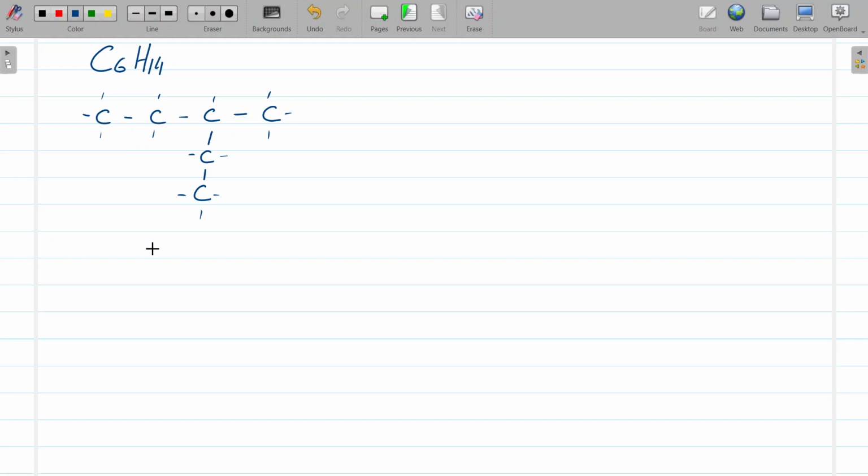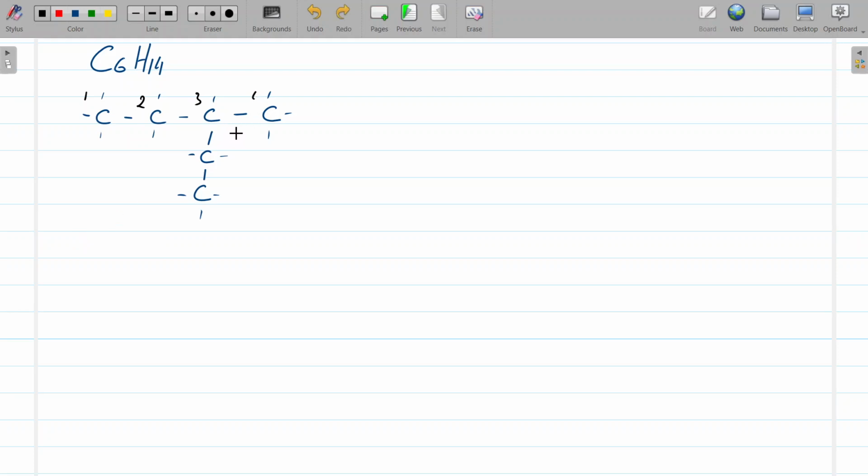How many carbons can you get in the longest chain? You start from one end and go to the other. So if I count it this way, 1, 2, 3, 4, I'm getting 4 carbons.